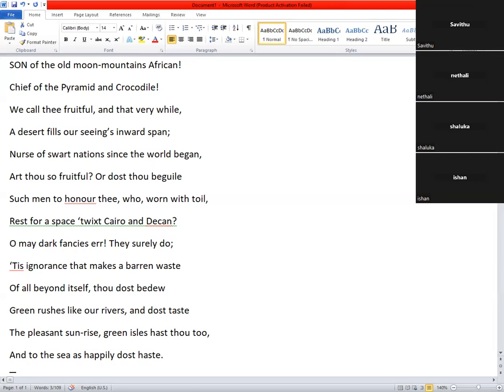Now these pyramids, they are very huge. Hundreds of acres are covered by one pyramid. Then the Nile River is also famous for the dangerous crocodile.